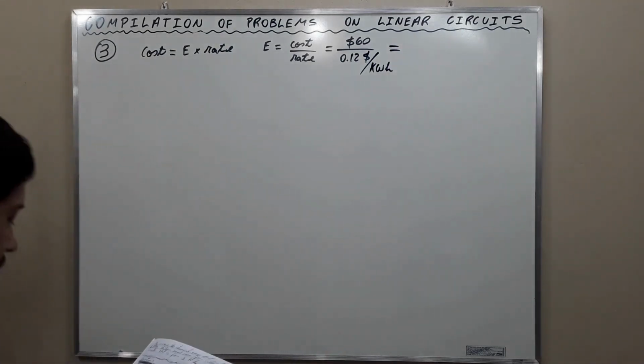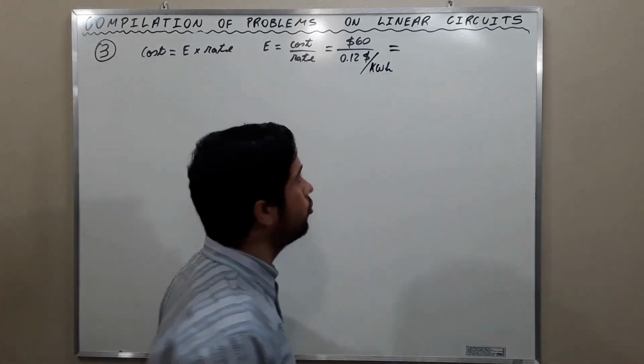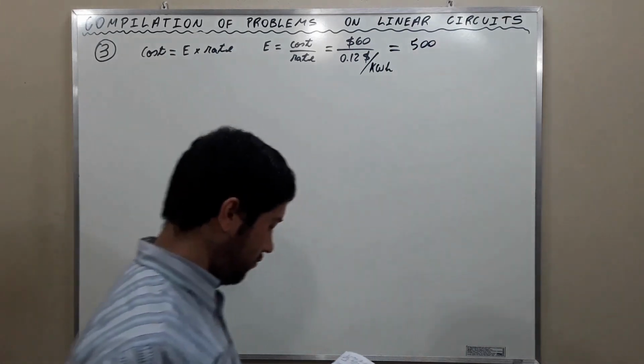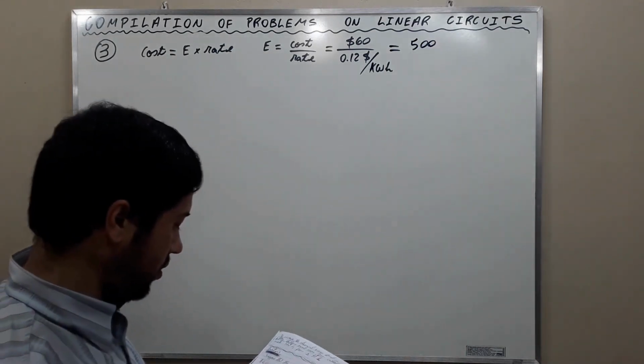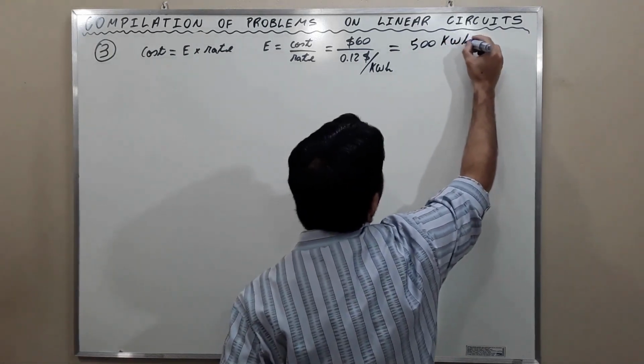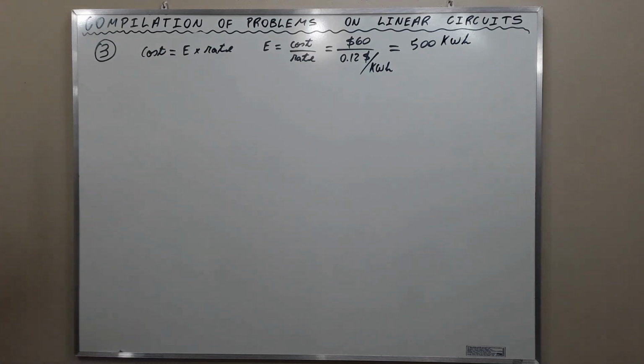Dividing, we find that the amount of energy consumed in this month is 500 kilowatt hour. This is the amount of energy.